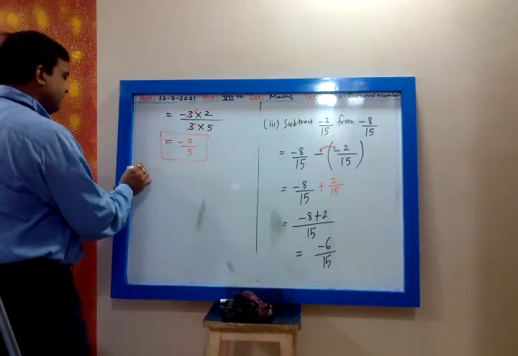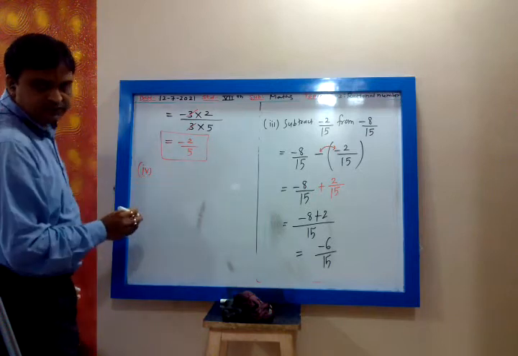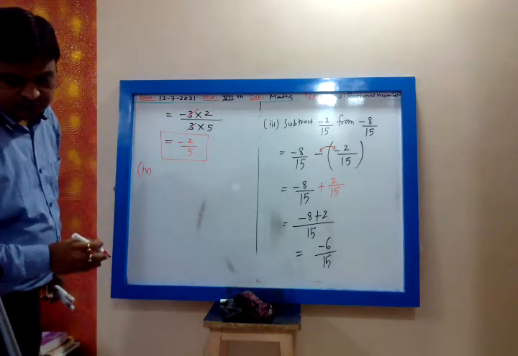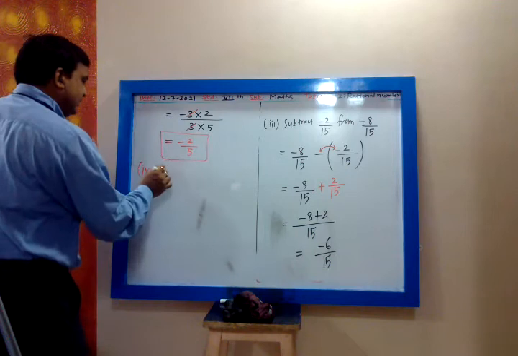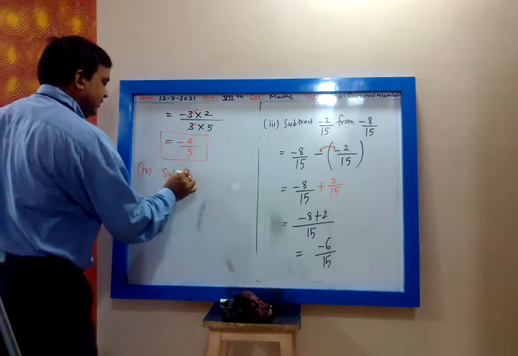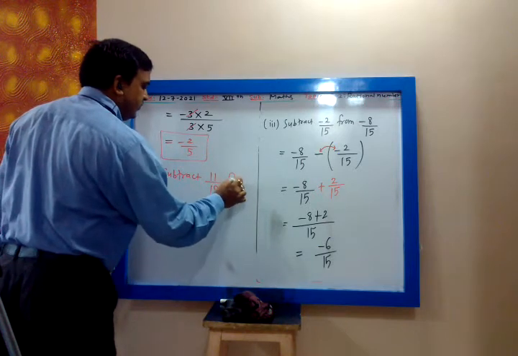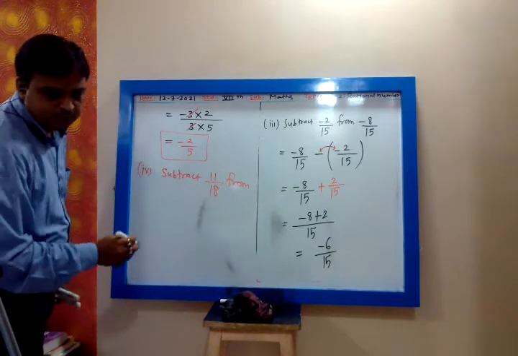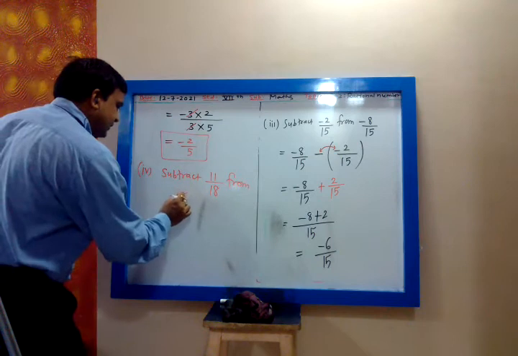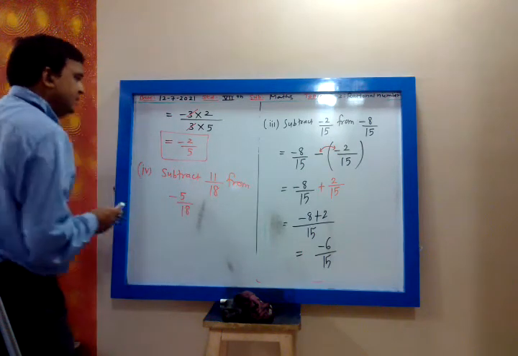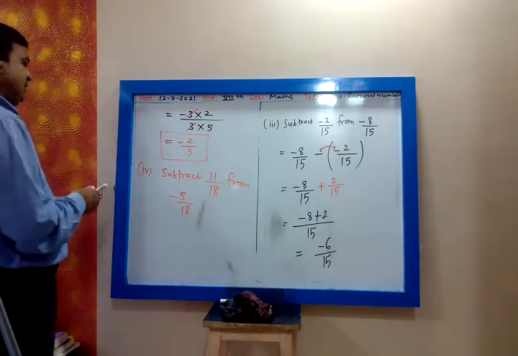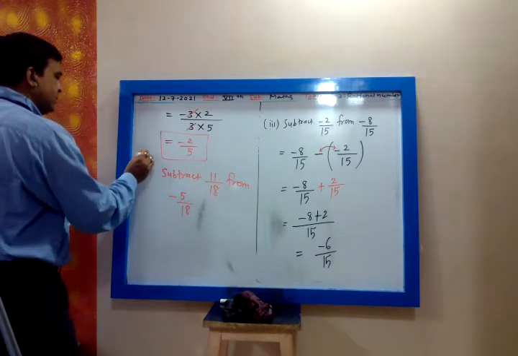Then fourth one, subtract 11 upon 18 from minus 5 upon 18. Okay, so let me give this as homework, fourth one.